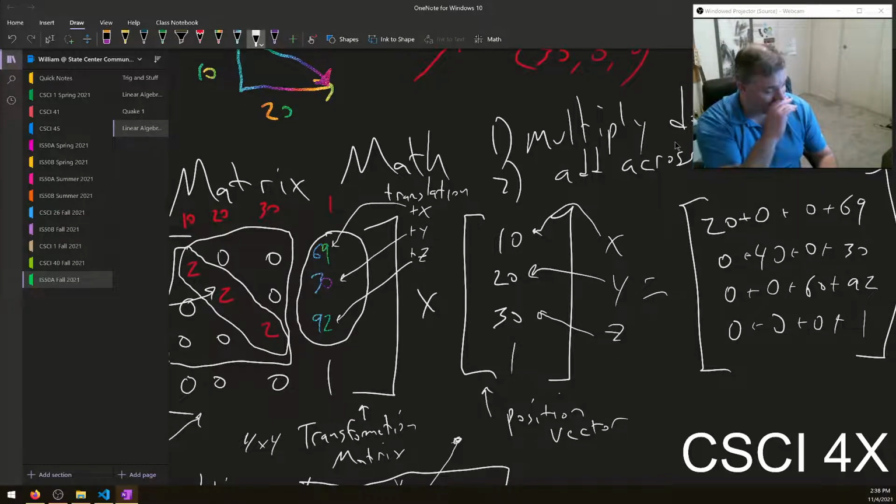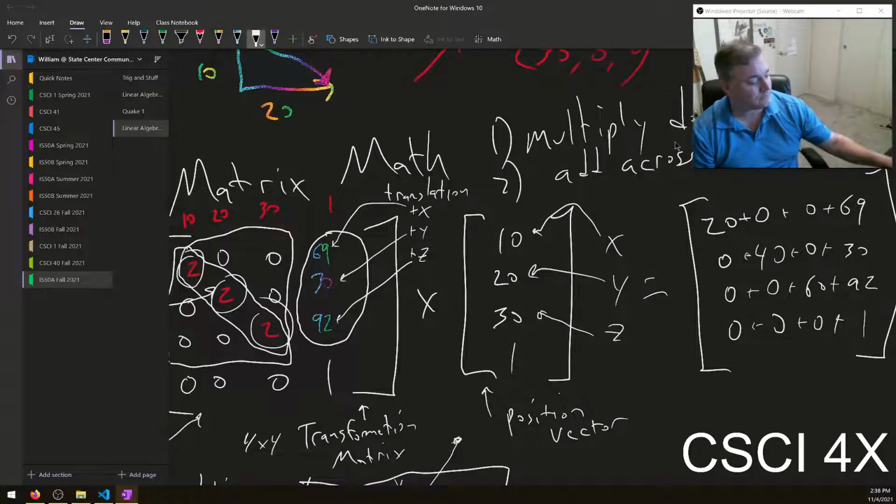What do you got? So you see what happened here? The 10, 20, 30 turned into 20, 40, 60. Turn it sideways: this is scaling in the x, scaling in the y, scaling in the z. Usually we do uniform scaling, not always, but it's pretty common. So 89, 71, 52, and 1.